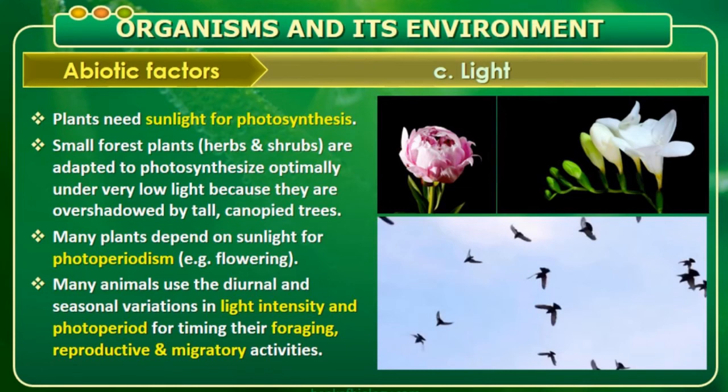Then many animals use the diurnal and seasonal variation in light intensity and photoperiod for timing their foraging, reproductive and migratory activities. So here many animals are also dependent on light. Some are diurnal. Diurnal means they have a rhythmic cycle in their life, existing in the dark and also in the light.